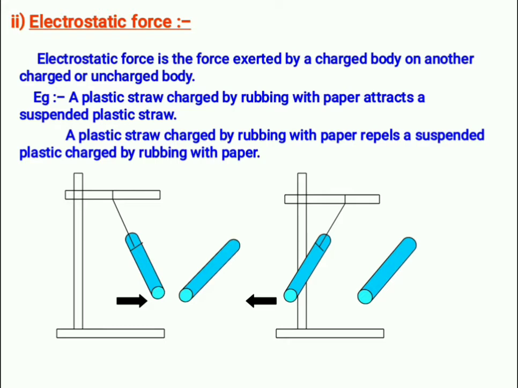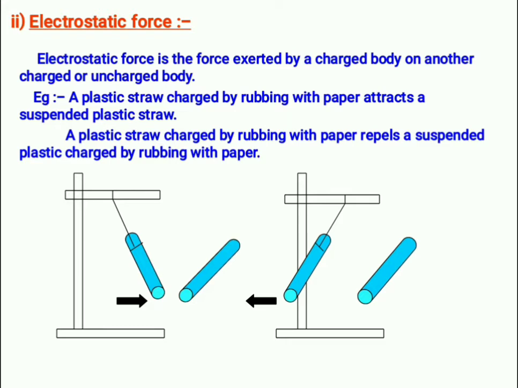For you to understand, I want to make it clear that we have all done a funny experiment. We have taken a scale or a comb and rubbed it on our hair.